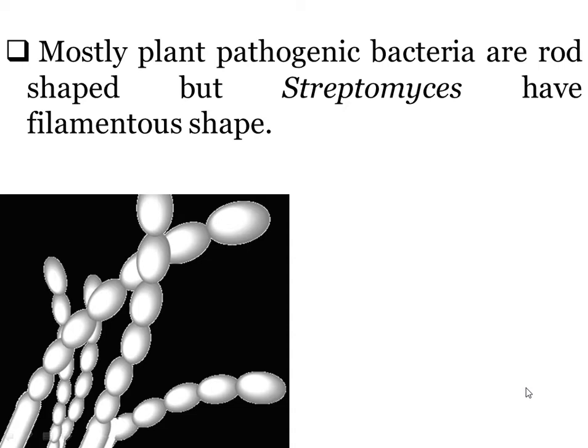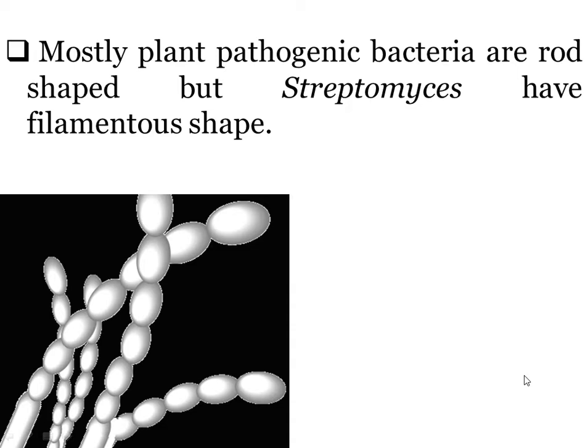The most popular exception to the rod shape among plant pathogenic bacteria is Streptomyces. You should know about the disease caused by these bacteria. After that we will also discuss their shapes. Okay, now we are talking about Streptomyces.